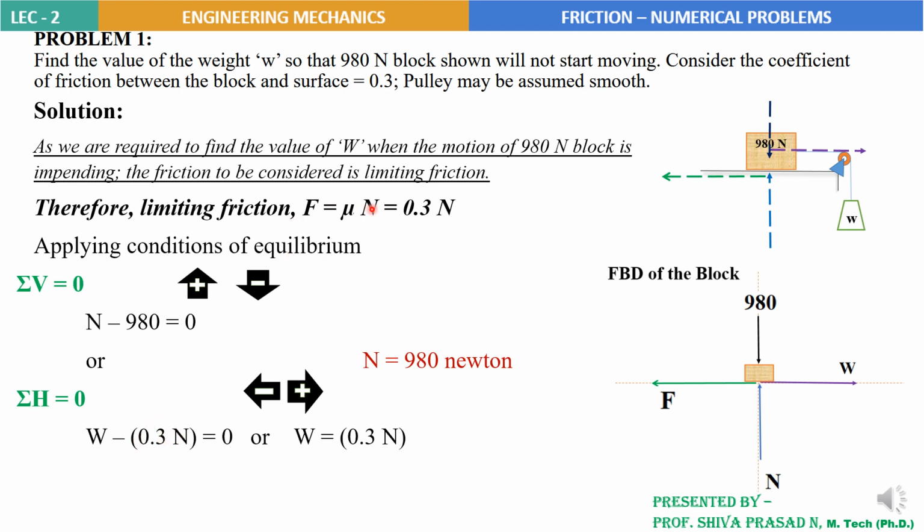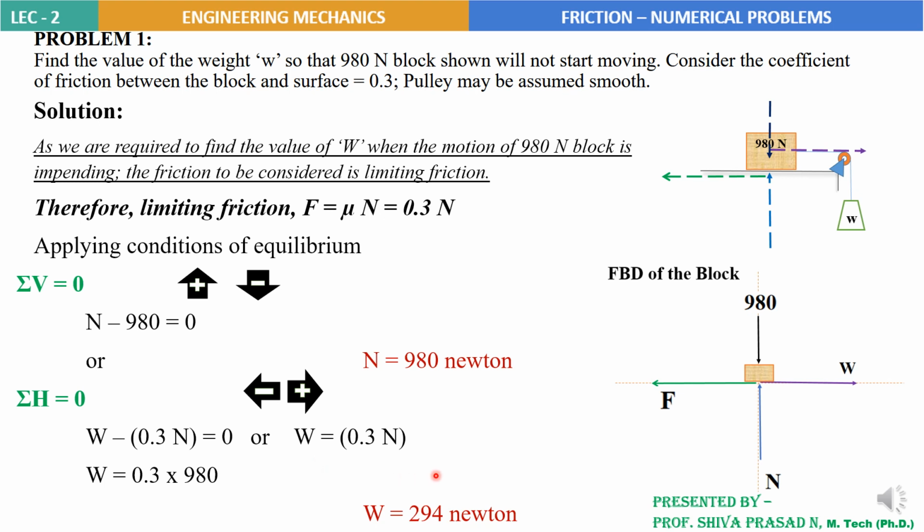So we have got from the limiting friction formula, W minus 0.3 N equal to 0, or W will be equal to 0.3 N. Substituting the value of N equal to 980 Newton in this equation, we get the value of W to be equal to 294 Newton.